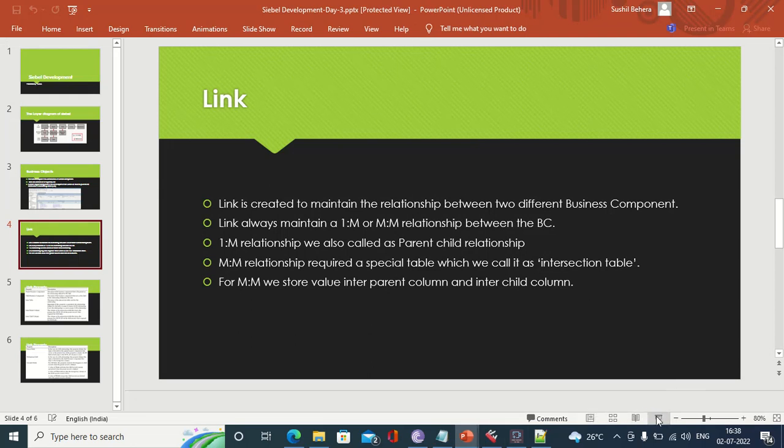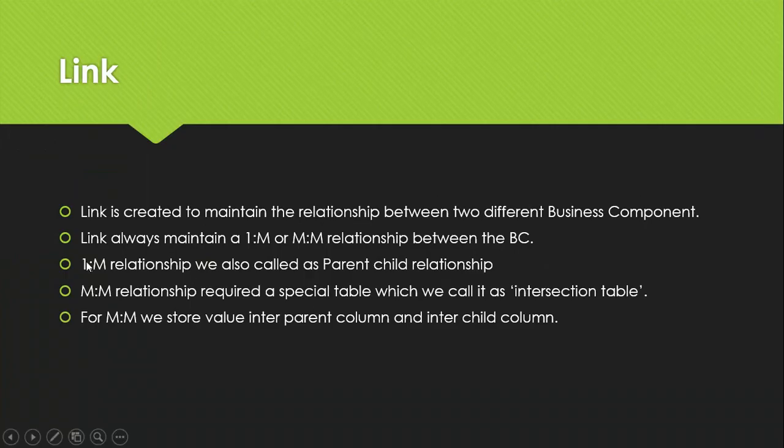It says that a 1 is to M relationship is also called a parent child relationship. Once we provide these four things, the relationship is established, and only the records related to this particular service request will get pulled and shown here.